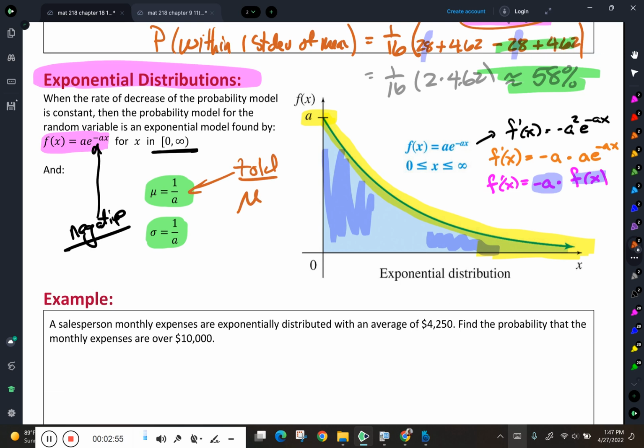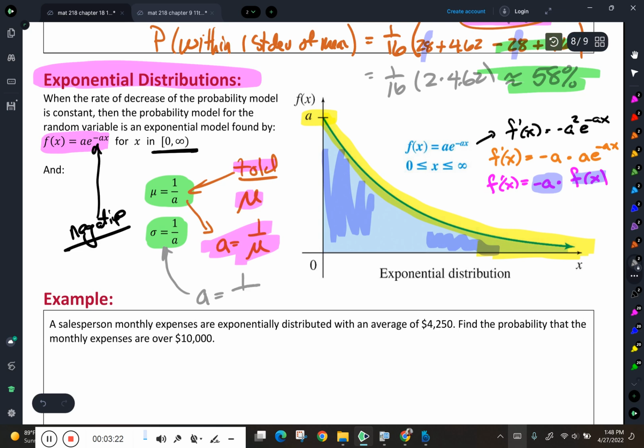With a little bit of algebra, do you see how we could take that formula and say that a is just equal to 1 divided by the mean? So if we are told the mean in the problem, and we need a to find the function to make the math happen, then a is just 1 divided by the mean. Same logic: if for whatever reason they gave us the standard deviation, we could say that a is equal to 1 divided by the standard deviation.